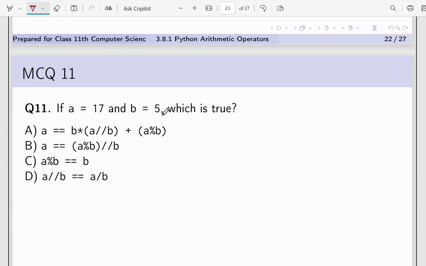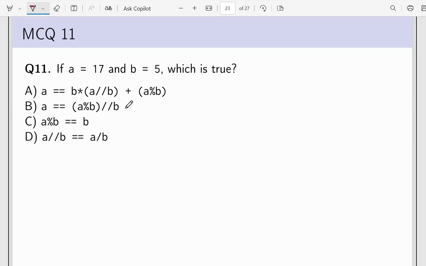Question number 11. If a equals 17 and b equals 5, which is true? 17 divided by 5, you will get 3 as the quotient. Here the answer is 3 times b, b means 5, so 5 times 3 is 15.